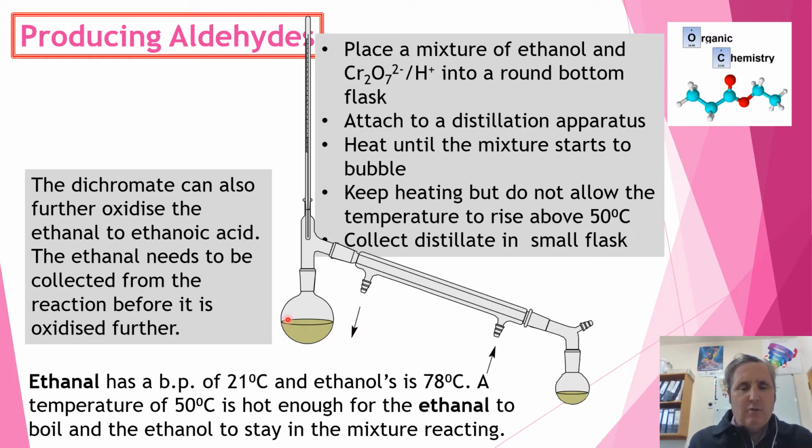Now the original reactant I had in here, the ethanol's boiling point is 78, so it will not boil and come off here. Okay, so what's going to happen is, as soon as the ethanol has been oxidized to produce ethanal, the ethanal will boil off and then be collected, so it won't have the opportunity to continue to react with the dichromate and produce a carboxylic acid.